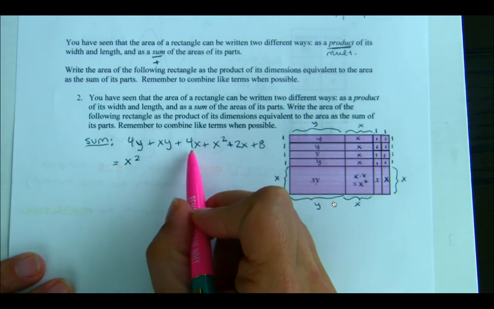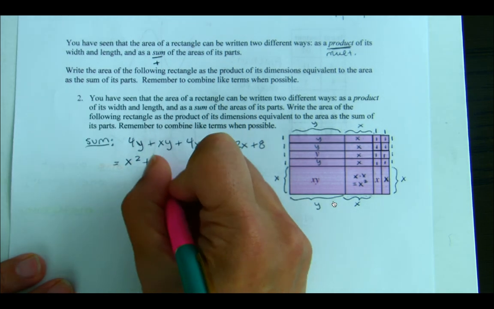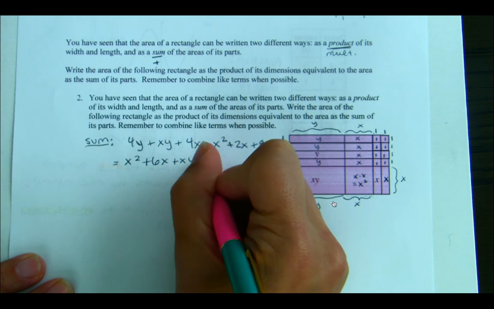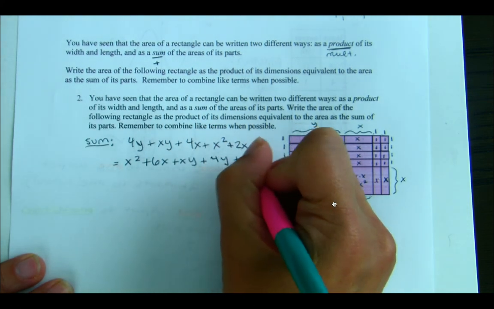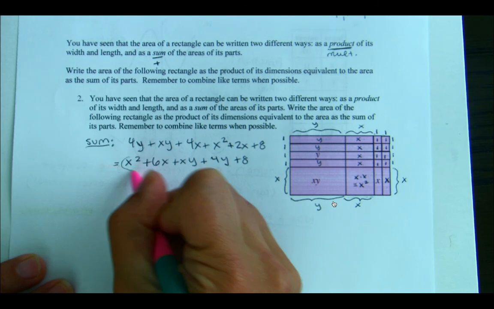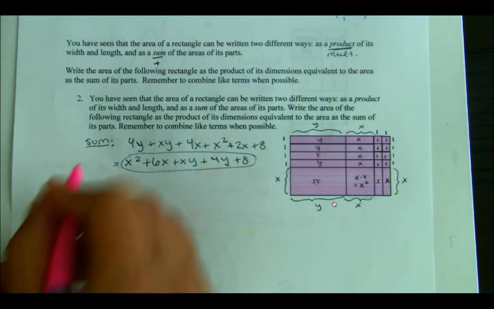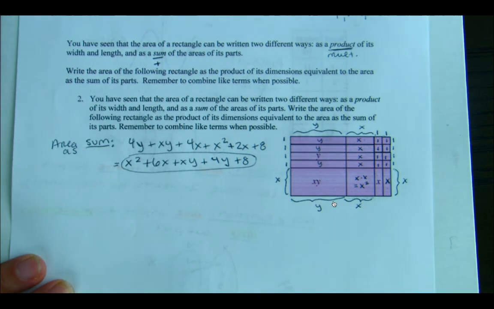Then I would look for X only. So 4X plus 2X is 6X. And then I'm left with XY, then 4Y, and then 8. So this right here is what I'm looking at for my sum. This is my area as a sum.